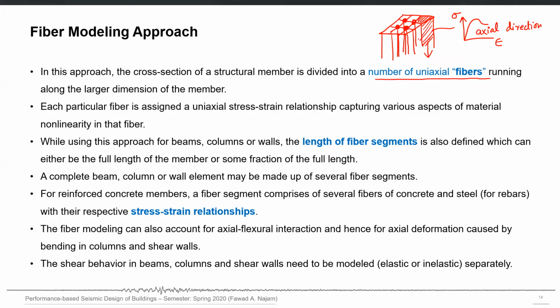It has only elongation and shortening degree of freedom, and the nonlinear stress strain behavior in that uniaxial direction is assigned as an input. Similarly, for a steel fiber you will be assigning a nonlinear stress strain relationship, applicable only to that particular fiber. So to each fiber, one by one, you will assign a nonlinear stress strain relationship, and that fiber will be running along the length or larger dimension of the member.